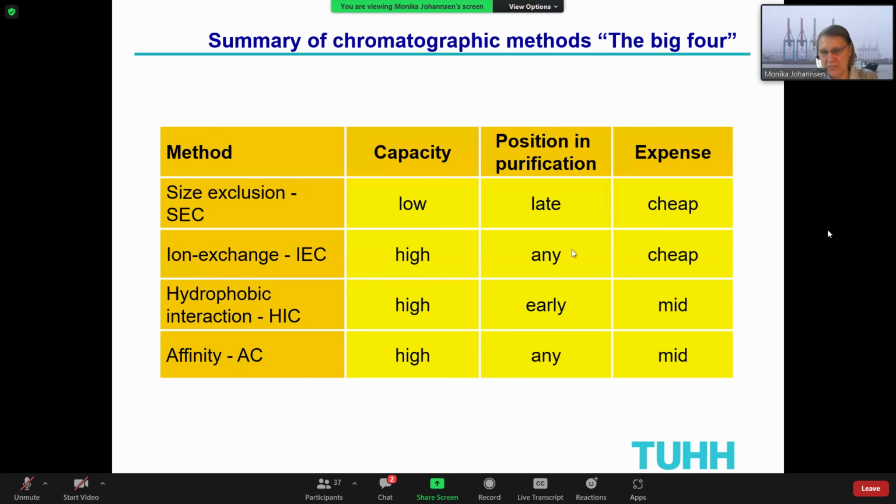The ion exchange and the affinity can be done at every position, and the size exclusion chromatography, as the capacity is low, should be done late in the purification scheme.